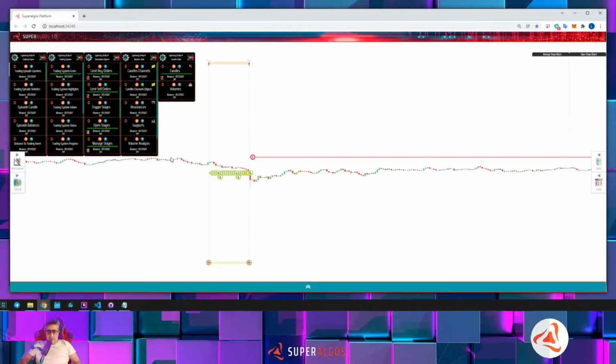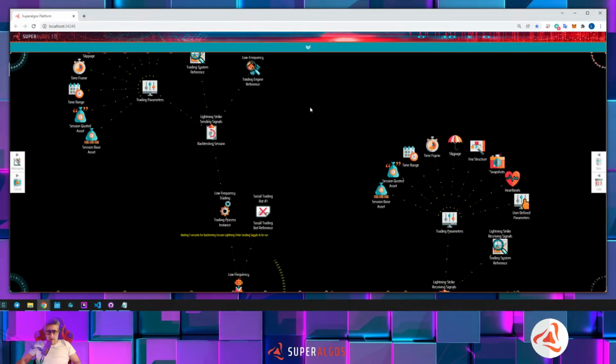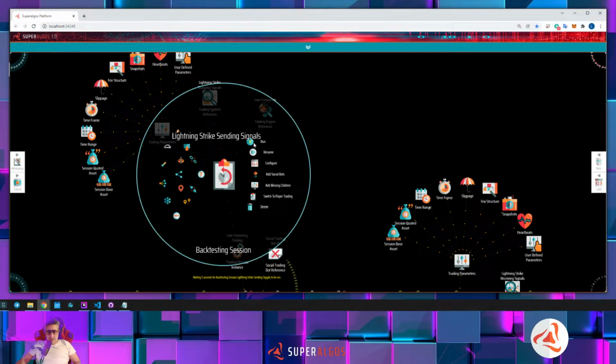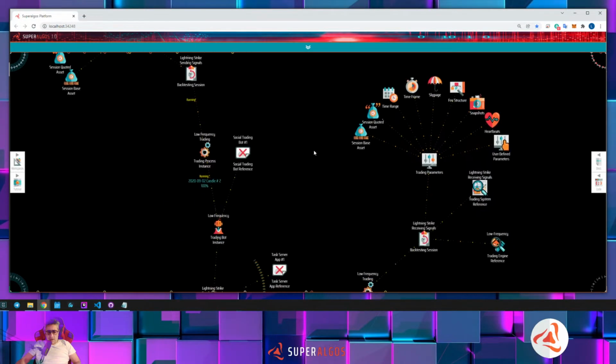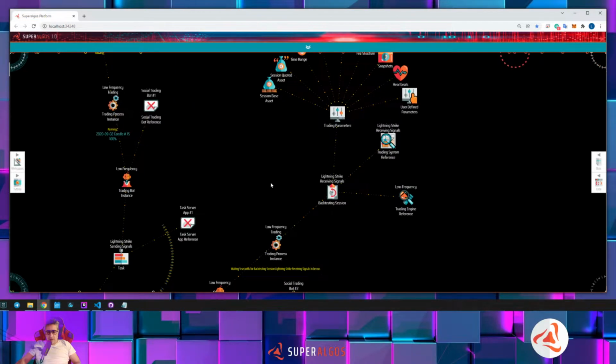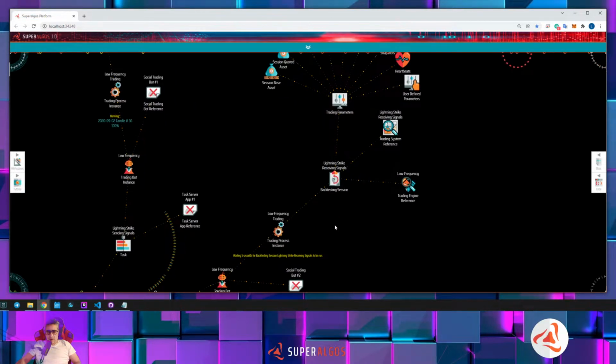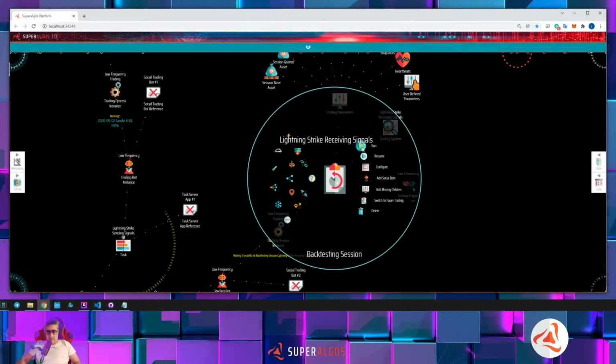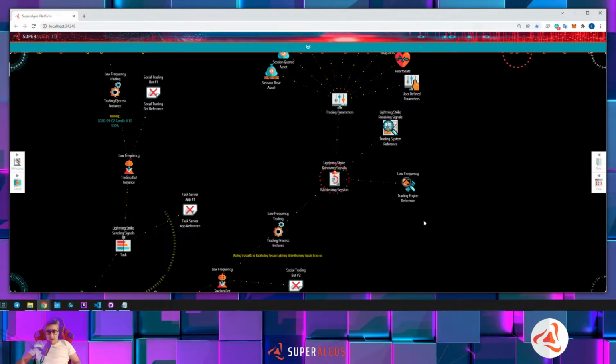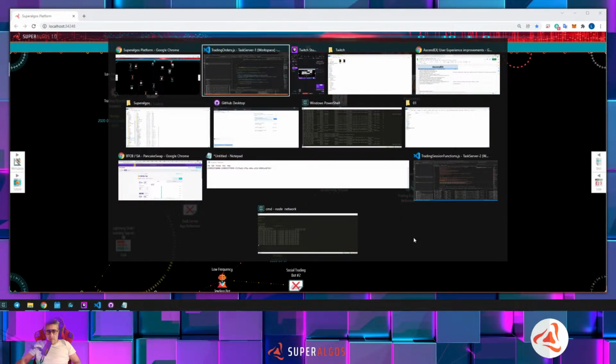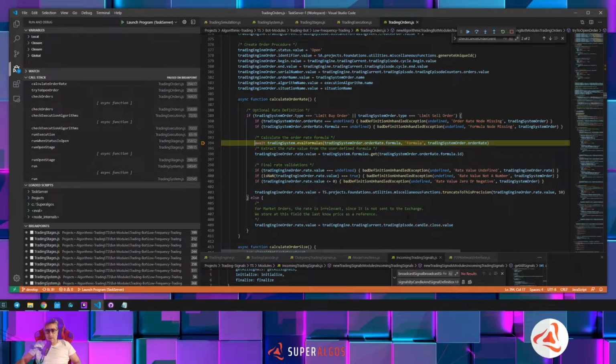So the problem is happening probably 20-30 candles away. So we don't need to wait for this guy to run all through the day. With 20-30 candles, we are going to launch this bot and wait for it to hit our breakpoint.